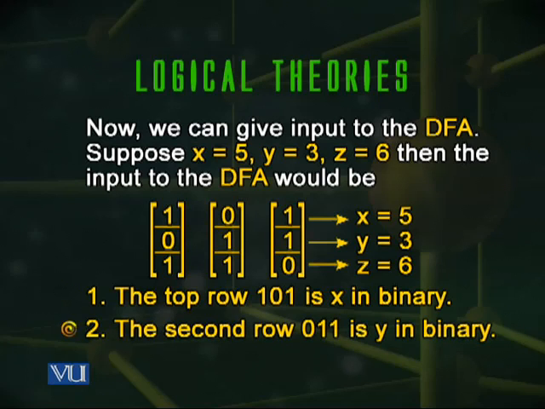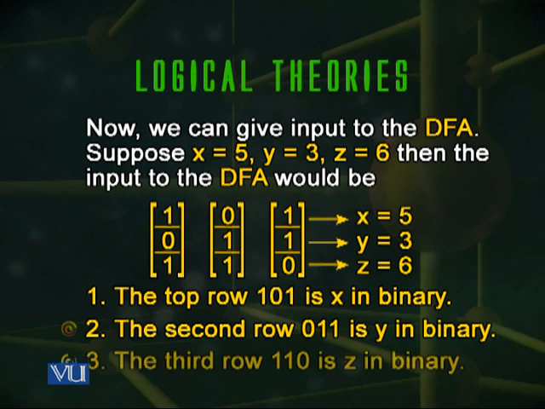The second row reads 011, which is y in binary because y equals 3. The third row reads 110, which is z in binary because z is equal to 6. So we have this special alphabet, and it allows us to give 3 numbers to our DFA D.